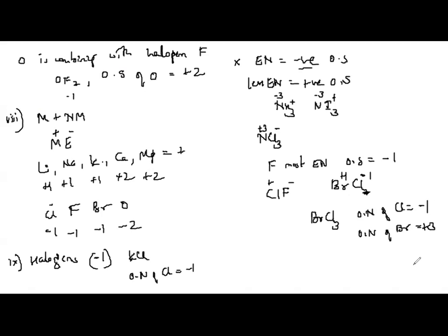Fluorine, being the most electronegative element, always has an oxidation state of -1 in any of its compounds. In interhalogen compounds also, fluorine is -1. Other than fluorine, in any other interhalogen compounds, the more electronegative atom will have a negative charge and the less electronegative atom will have a positive charge.